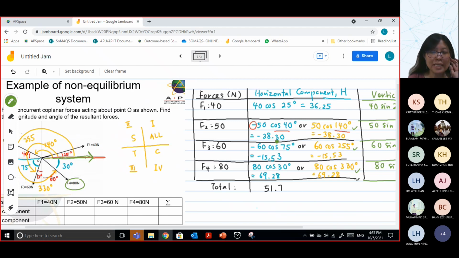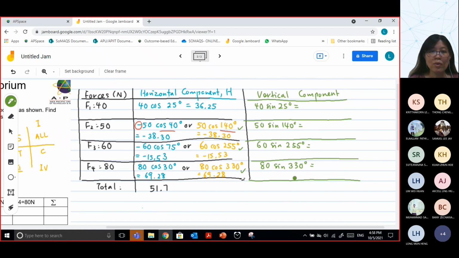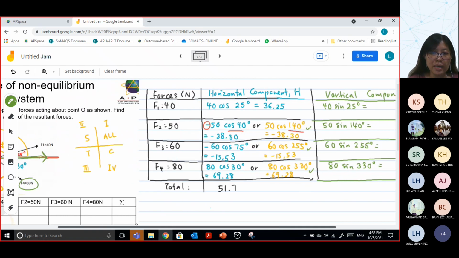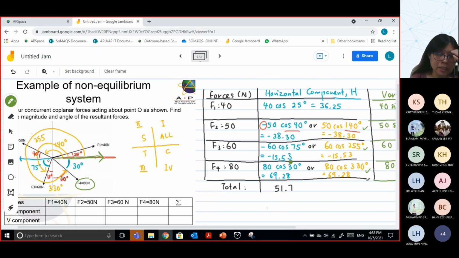But when you use the basic angle, the first one, I'm using the angle measured from the x-axis. So if you're using the basic angle, then, hold on, let me check. F1 is positive. F2 is also positive.